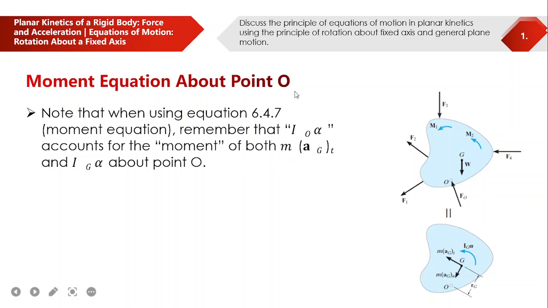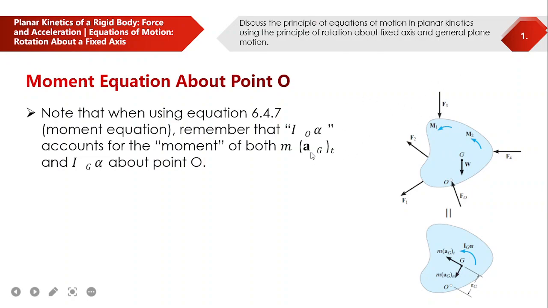So, moment equation about point O. Note that when using the moment equation 6.4.7, remember that I sub O alpha accounts for the moment of both the tangential component of force and the moment acting on our body, which is equal to I sub g times alpha about point O. Okay, take note class that I sub O is not readily computed directly.